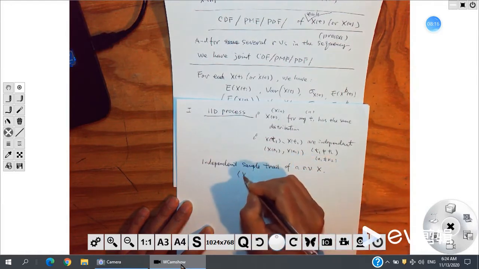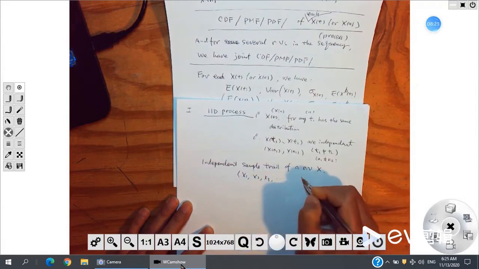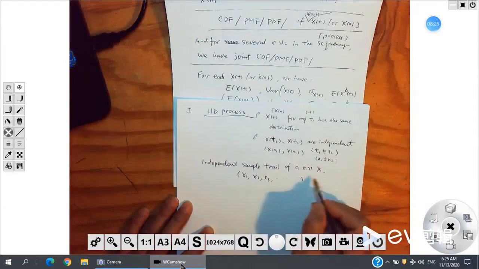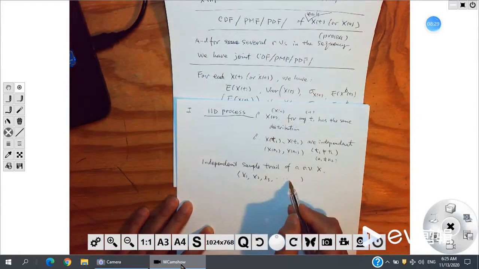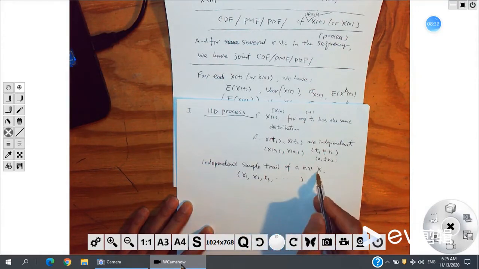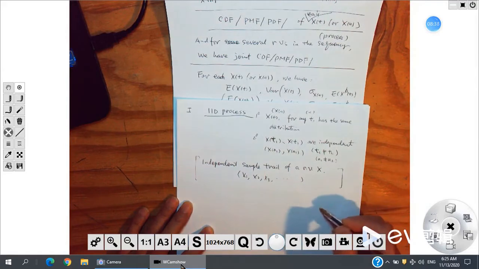That is x1, x2, x3. You take samples, whatever samples you want. You list all your results. Each one is a random value, so you have a sequence of random variables, and all of them are independent and have the same distribution as x. So this is IID.